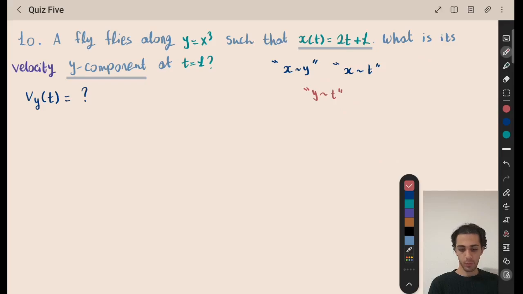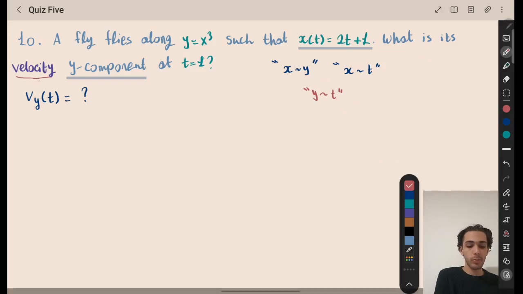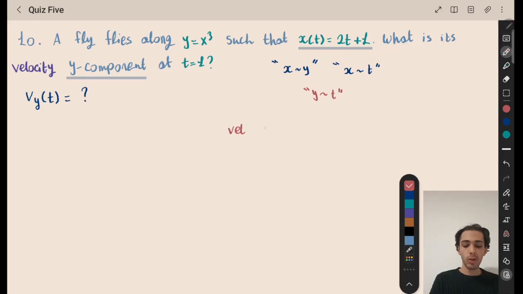So, there is also another pertinent question, which is, what does the velocity have to do with the displacement? What's the relation between the velocity and the displacement? So that's a good question.